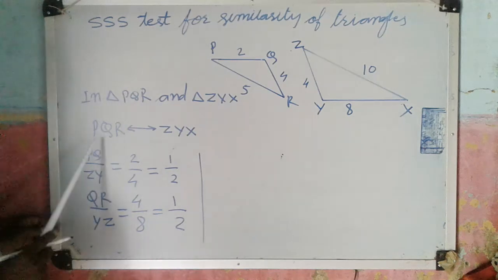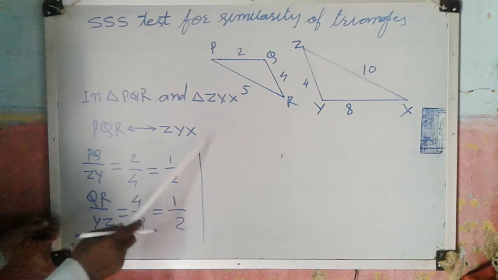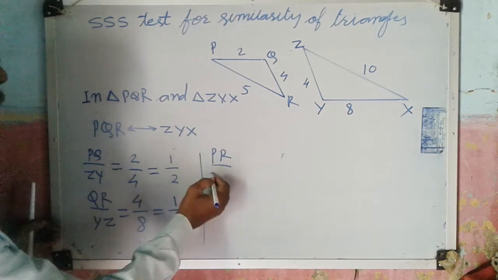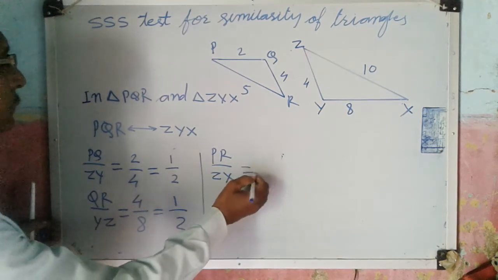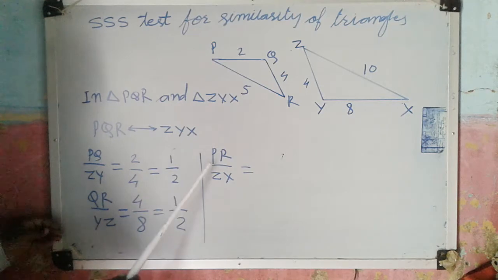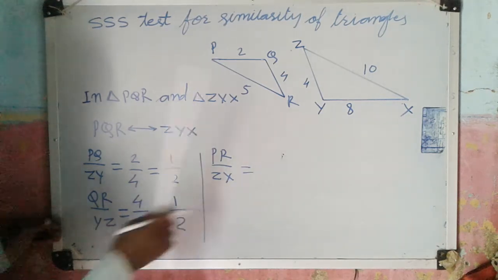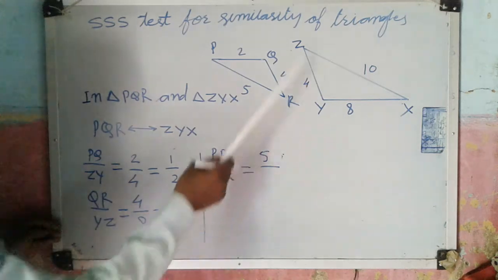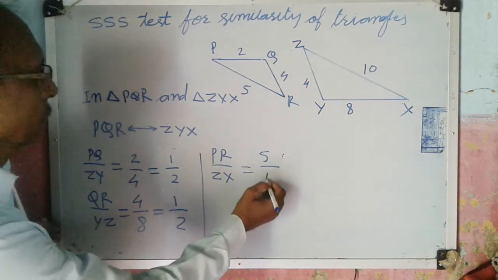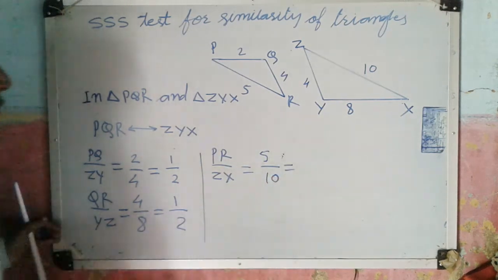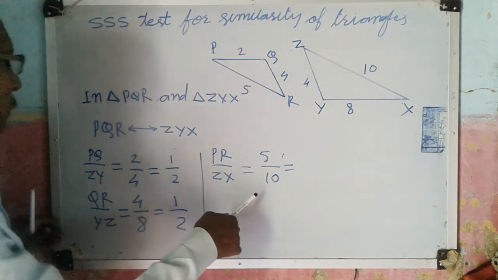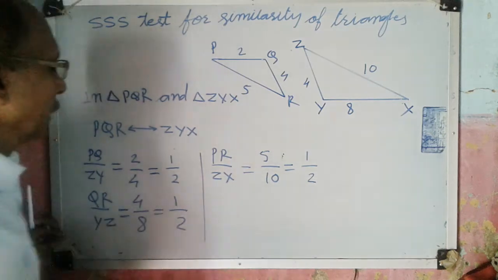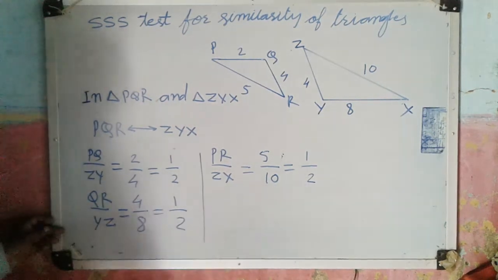The third pair is PR and ZX: PR is 5 and ZX is 10, so this ratio is also 1/2.